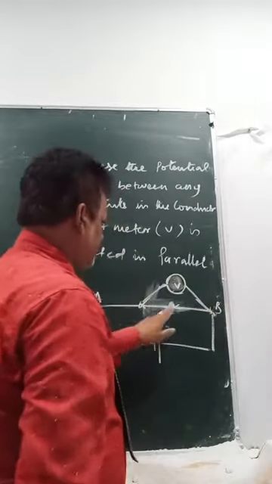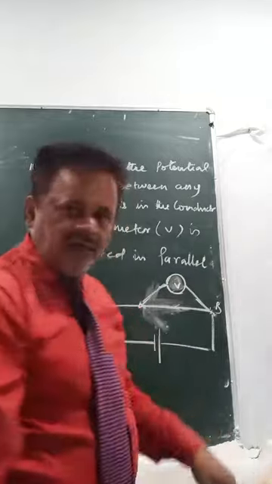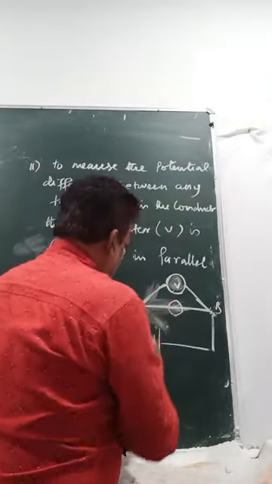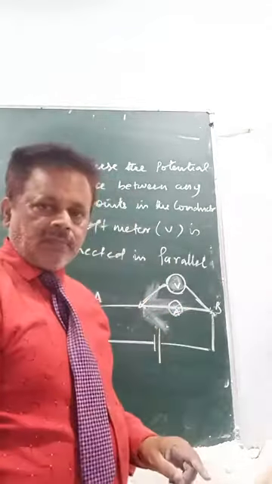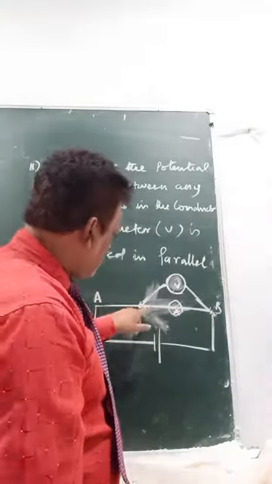This is B. If you want to put an ammeter and a voltmeter, the ammeter has to be put here in series. This is your ammeter. But for the voltmeter, this wire and this wire should have a junction.